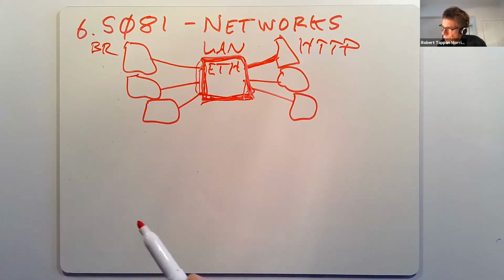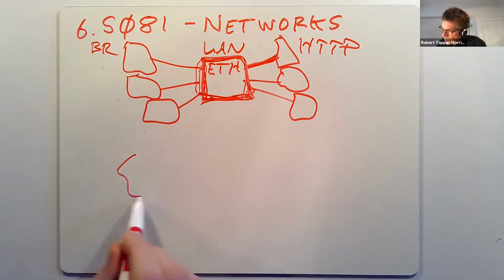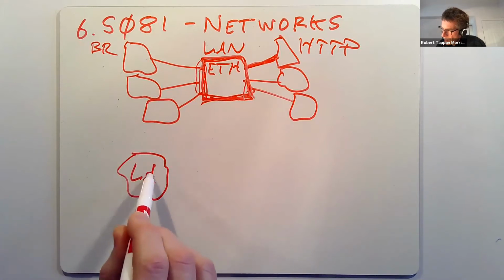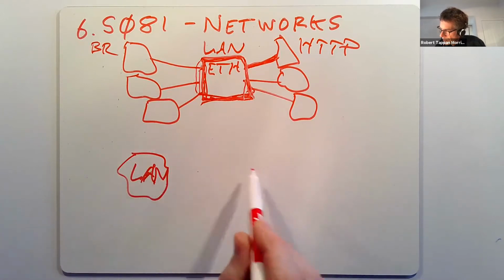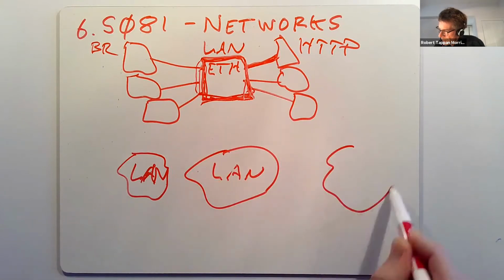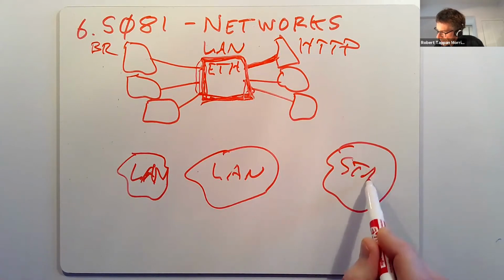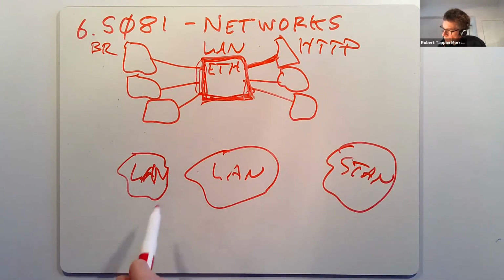And so to deal with that, the way the larger internet is constructed is that there's a number of these individual LANs, maybe one at MIT, maybe one at Harvard, maybe one far away at Stanford, and there's some sort of connectivity between them, which you can think of as routers.